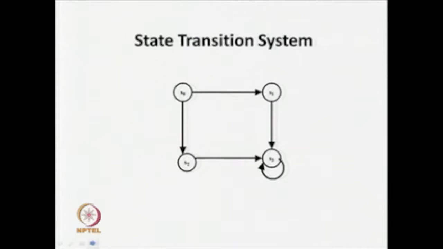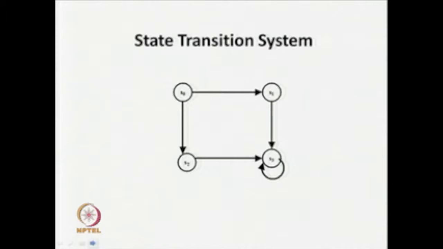Basically it says that my system is in a particular state, and depending upon the present state and the input sequence, it will make a transition to the next state. Now, we have to represent those transitions when we talk about the sequential circuit, and basically a sequential circuit will be represented by a state transition system or state transition diagram.